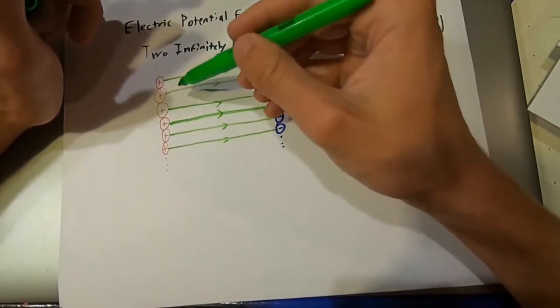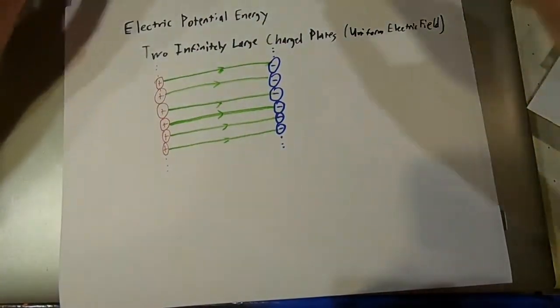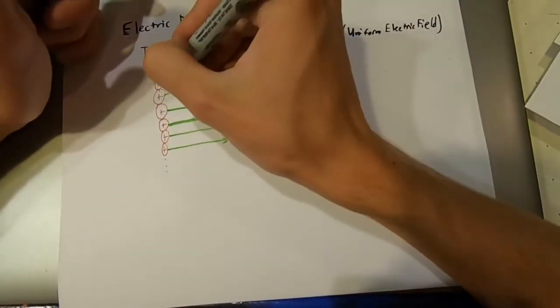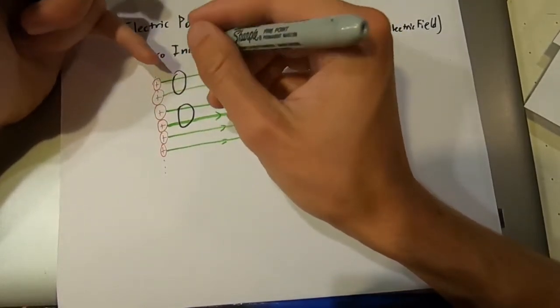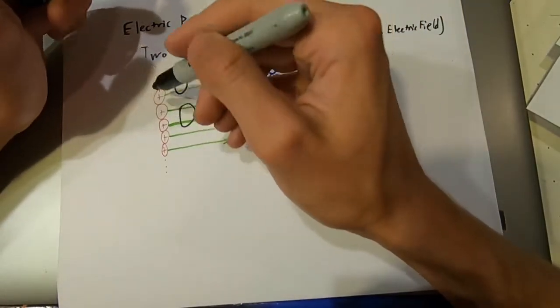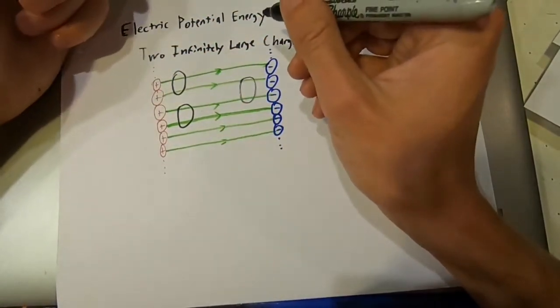Because these are evenly spaced, we can see, from drawing a circle, if these circles are the same size, we're always going to have the same charge density no matter where we draw this circle.